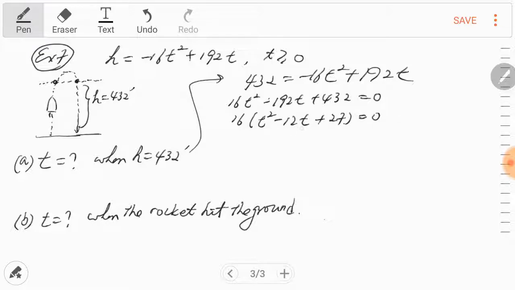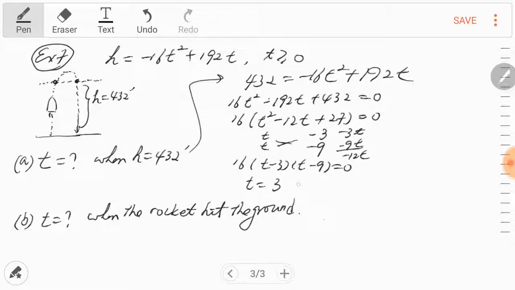Then from this trinomial, let's find two numbers, and 27 is 3 times 9, and both negative. So this is negative 9t minus 3t, negative 12t. So this is equal to 16 times (t minus 3)(t minus 9) equal to 0. So from here, t is equal to 3 seconds or 9 seconds. Why are there two of them?